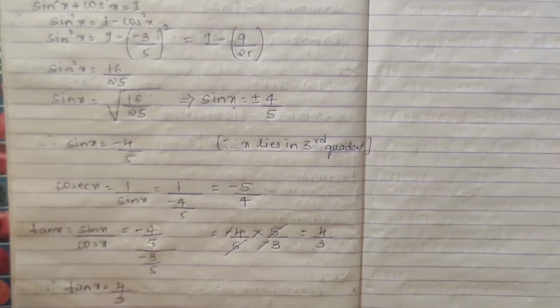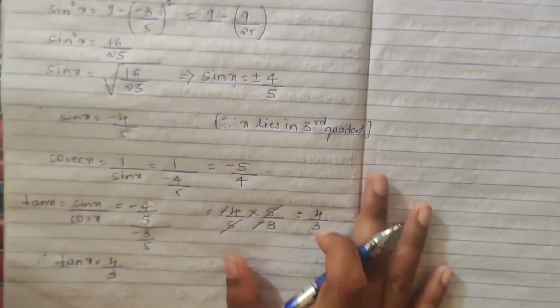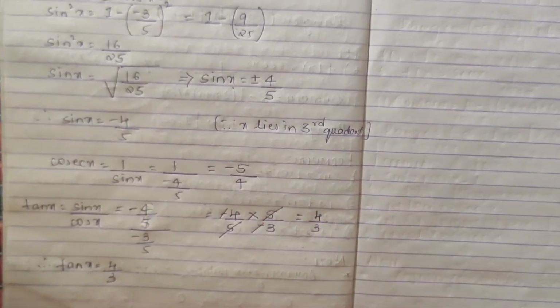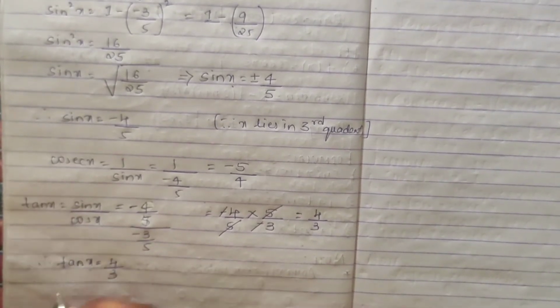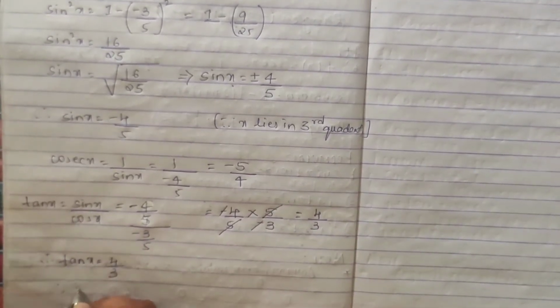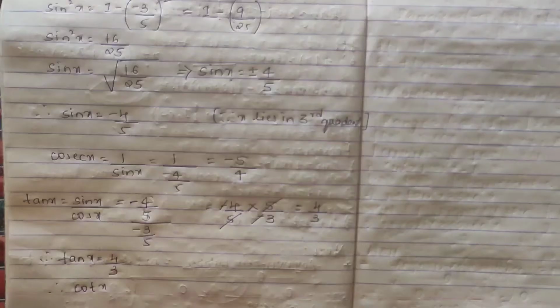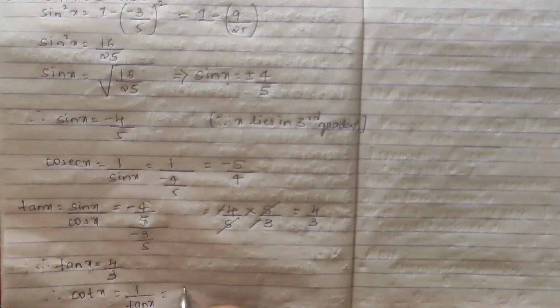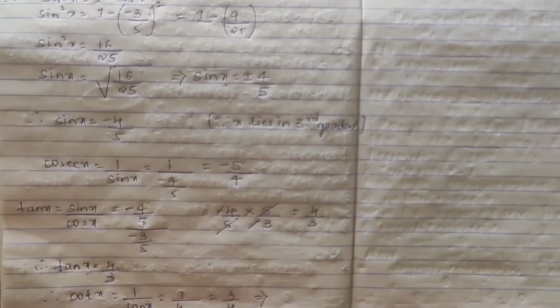If you have got tan, for cot you can go for cos by sine, or else simply, cot x is equal to 1 by tan x. So 1 by 4 by 3 becomes 3 by 4. So simple.